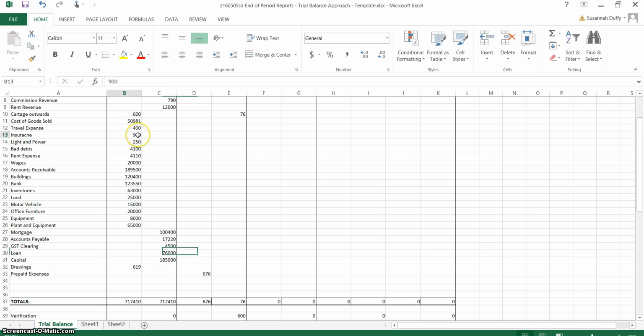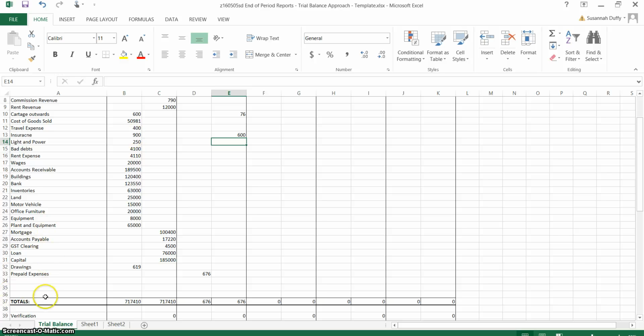Obviously, because we're at 30 June and we don't want to account for the prepaid amounts, we're going to credit insurance by 600. We're still balancing at the bottom. If we then look at the third one, accrued rent expense is $200.